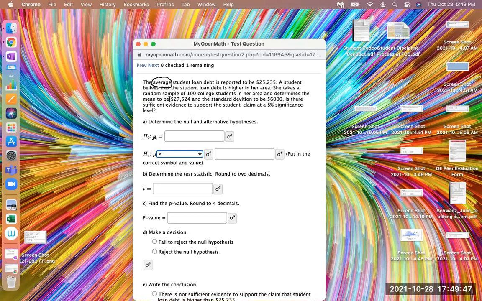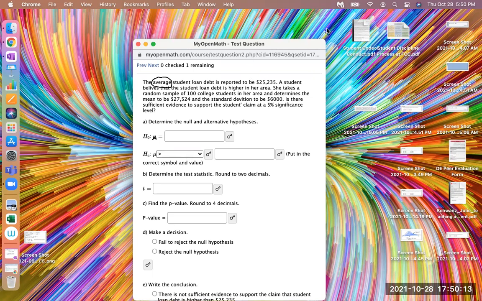If these problems are written well, you can always look at the sample. If the sample mean is larger than the given one, then this should be a mean larger than type of test. But I would just caution you that unfortunately, some of these problems were not written very well.